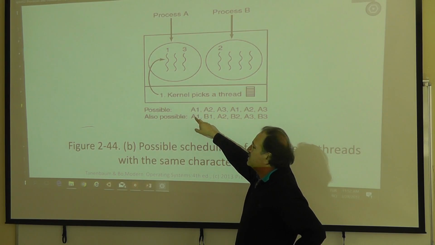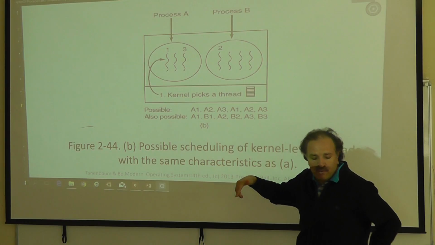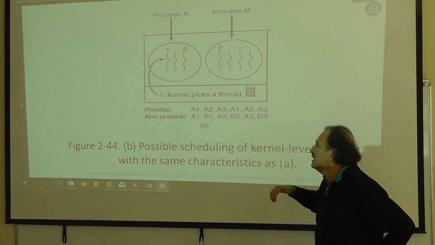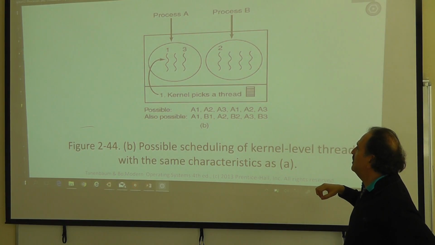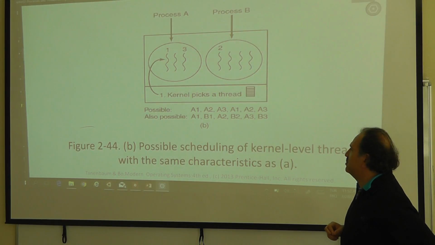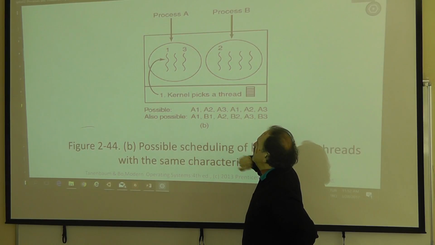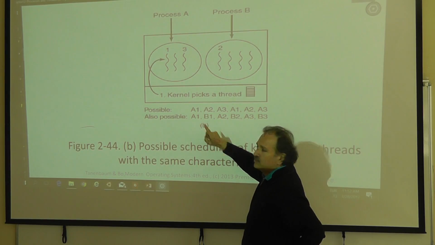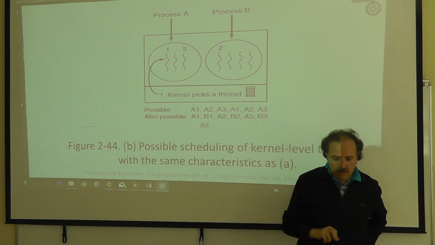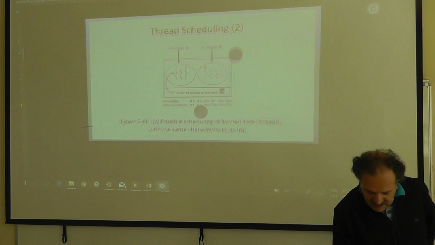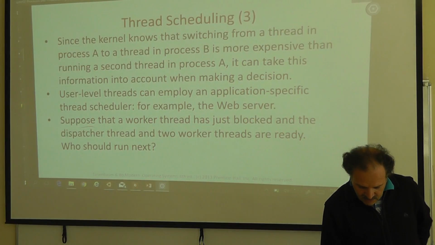Why? Because I am using the same address space. I don't have to invalidate my cache and my page tables and so on. So switching threads within the same process is much cheaper than switching between threads of different processes. So there are advantages and disadvantages.